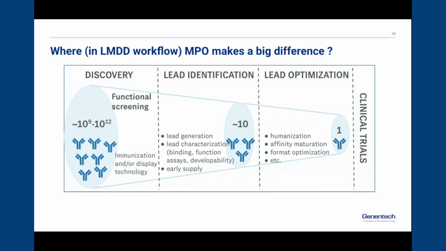And that's because you started from, let's say, a pool of antibodies that you discovered from an immunization campaign, and then you selected some, then you did humanization.